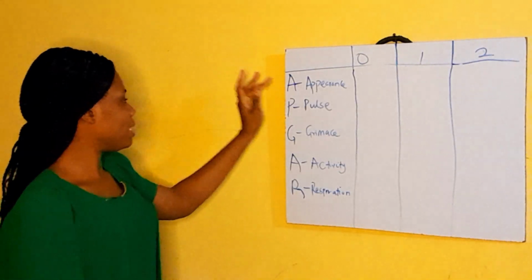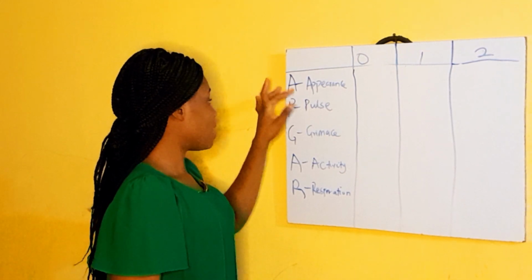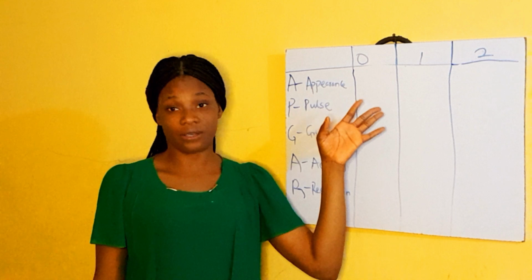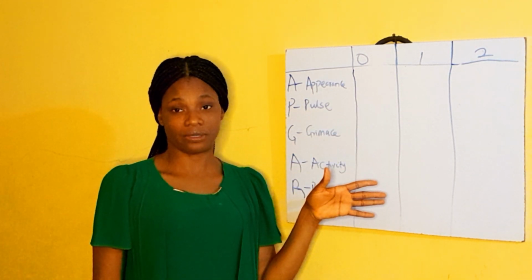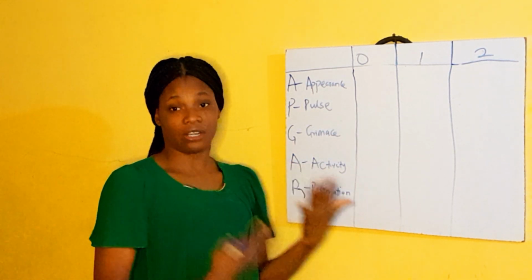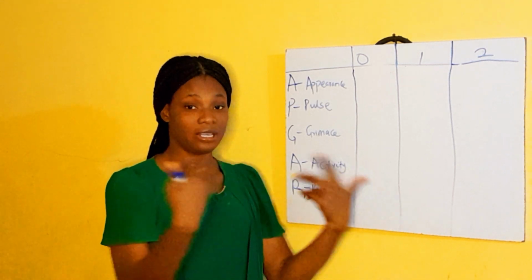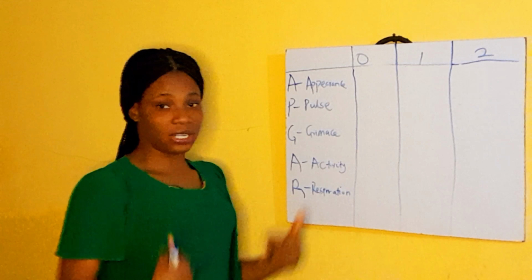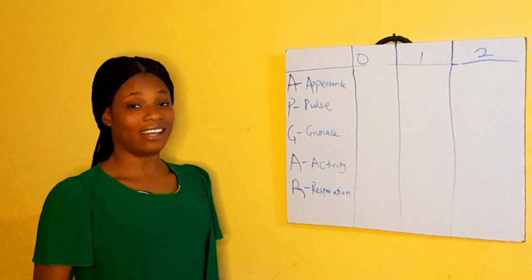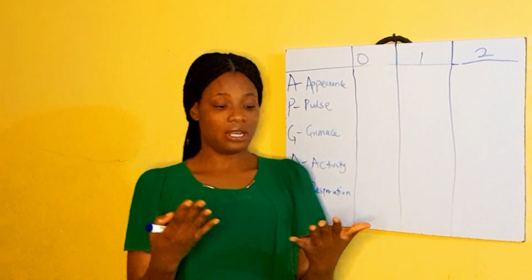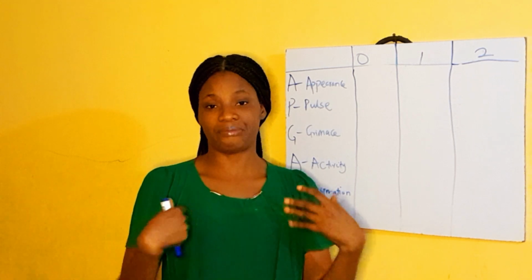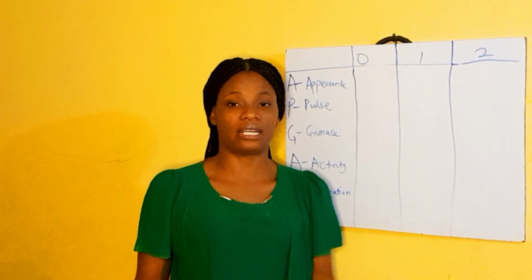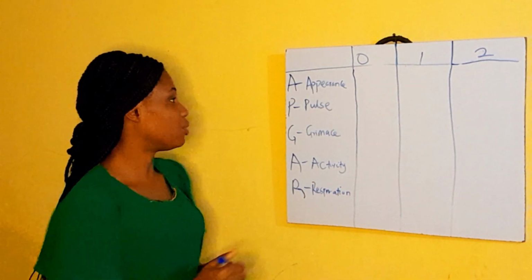So the letter A stands for appearance, and appearance has to do with the color of the child, what the color of the child is like as the baby is into extrauterine life. If the child comes out and both the extremities and the body of the child are blue or pale in color, you score the child 0.